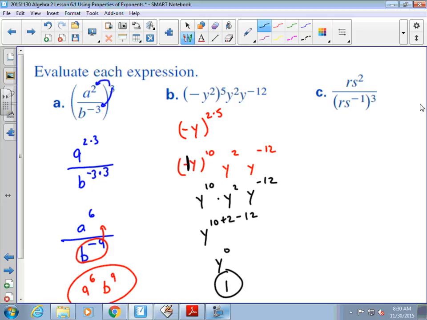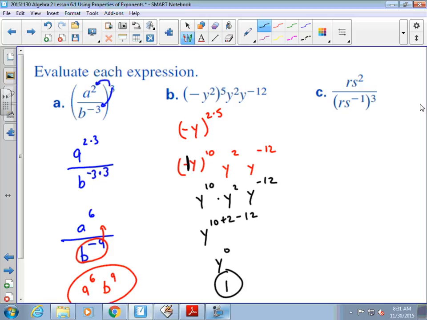Take 30 seconds on that one. rs squared at the top is going to stay like it is for a second.